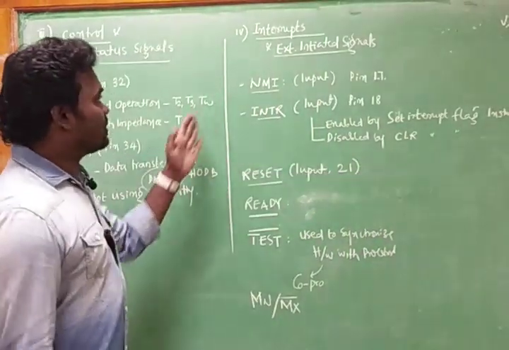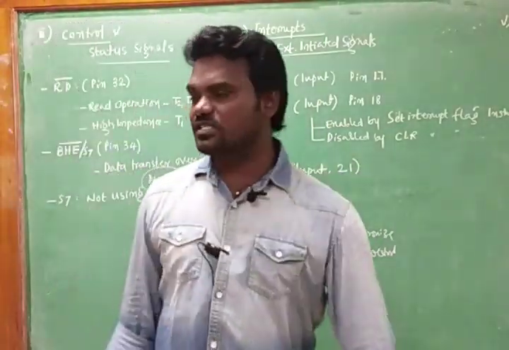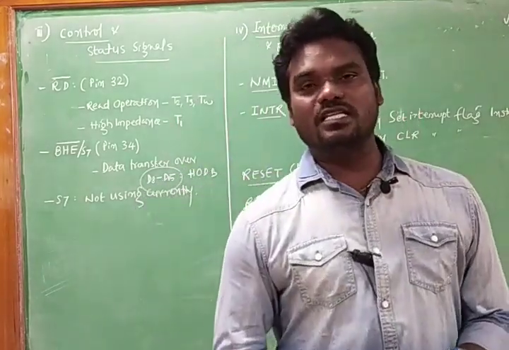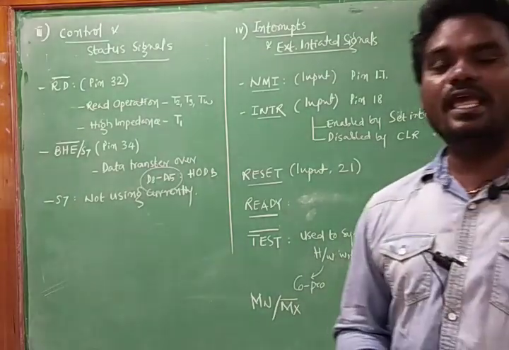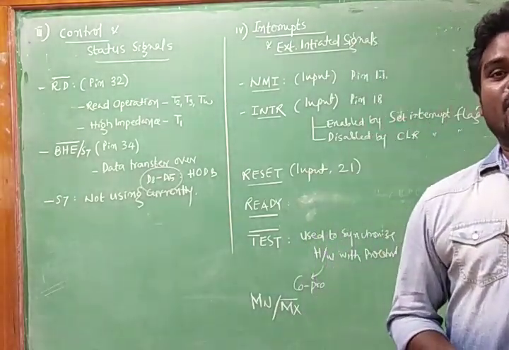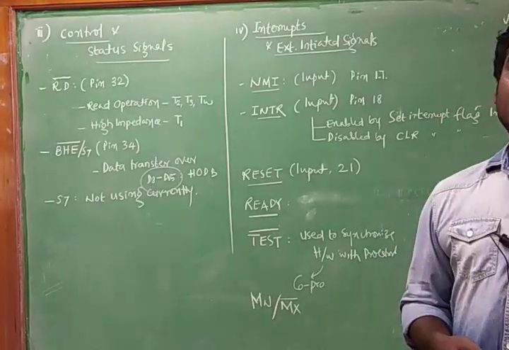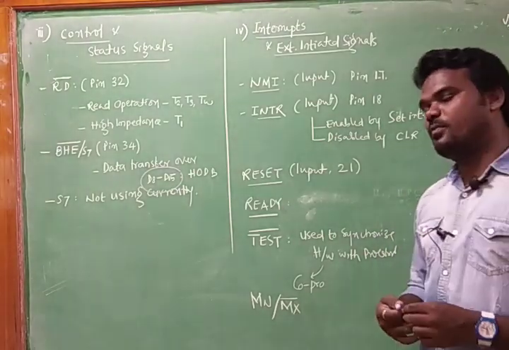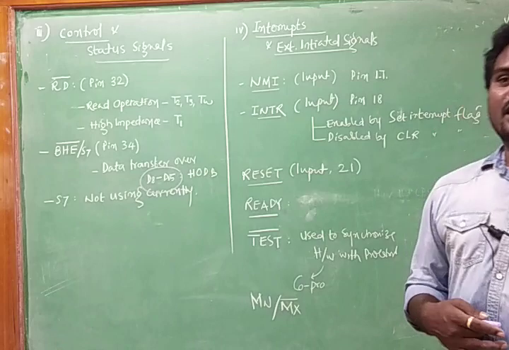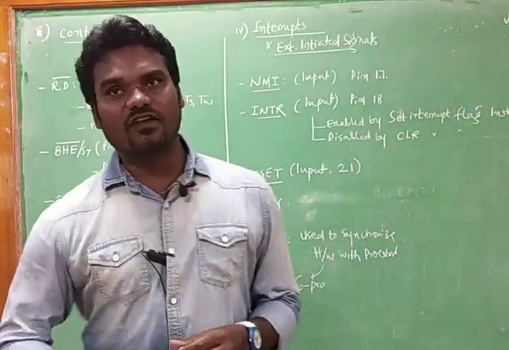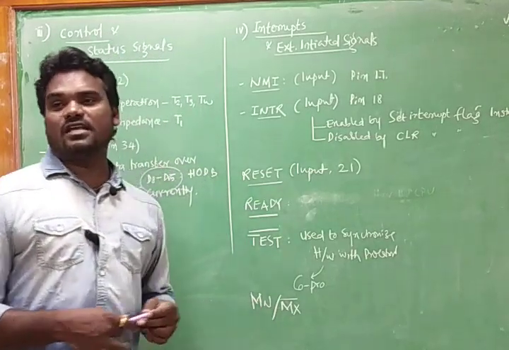We have five types of signals in the common function signals. First one is address or data bus. These are bidirectional signals which can act as input and output of the processor, and which can carry the address information as well as data information. Coming to the second one, address or status bus.